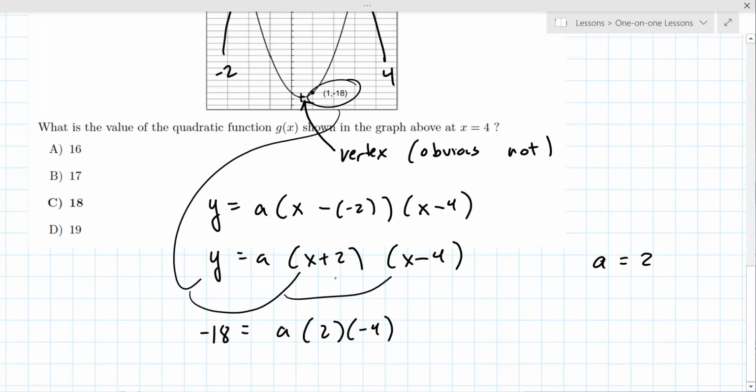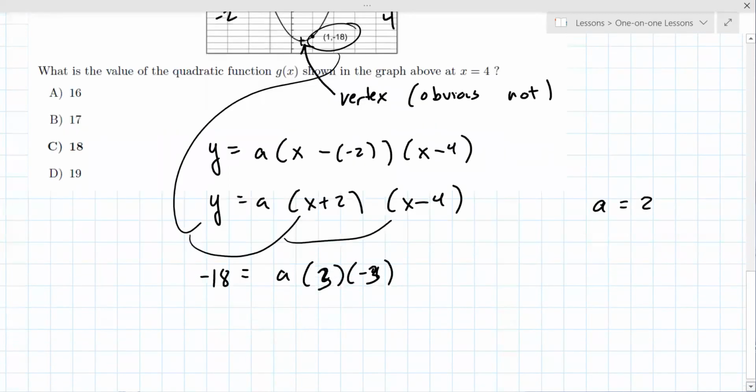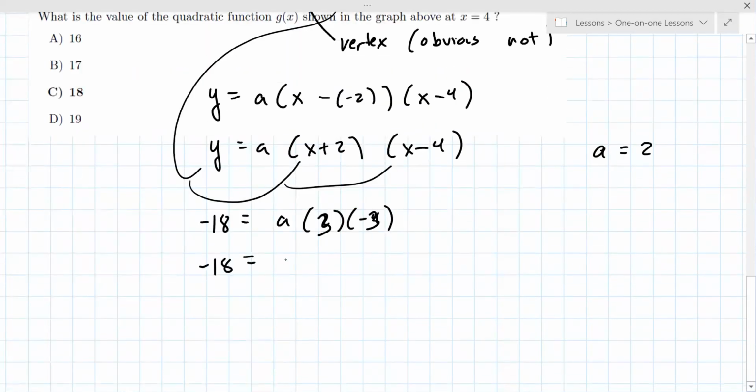Oh, I'm sorry, when x is 1. So that's 3 and -3. So -18 equals -9a, so a equals 2. I agree with that. So you rewrite this as 2 times x plus 2, x minus 4. Right.